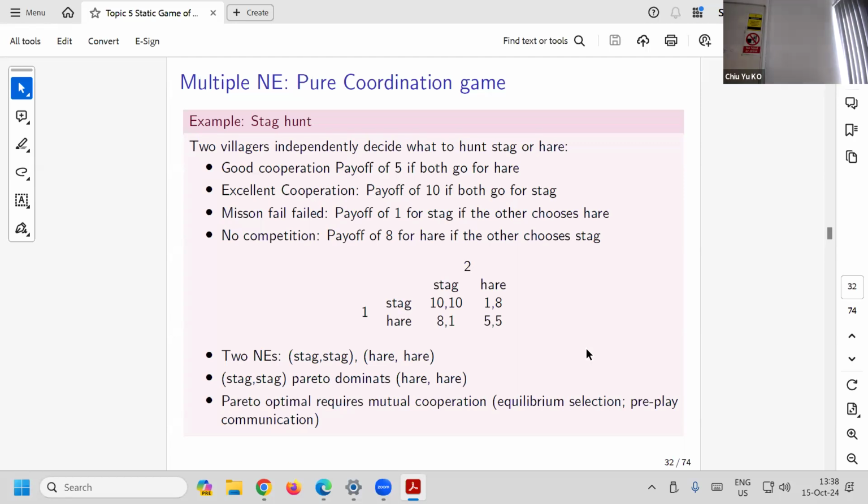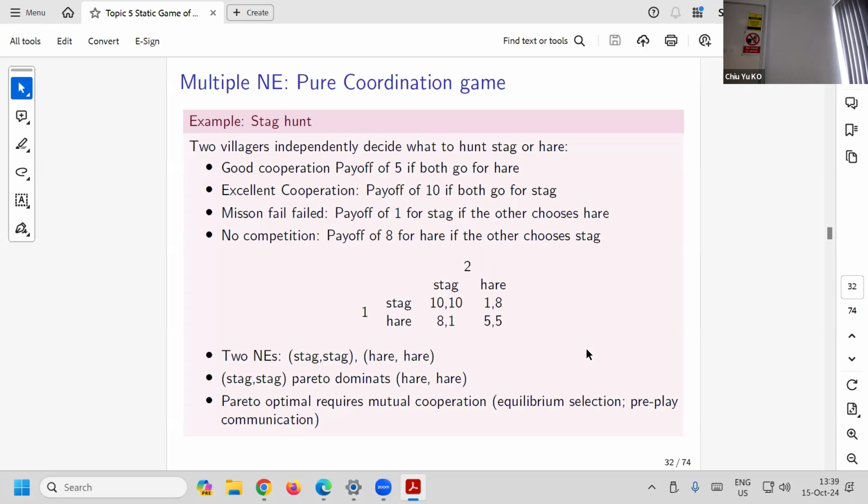We know that one is better than the other. Is it the case that we always end up here? Or can we end up in here? And game theory doesn't tell us which one to pick, up to the knowledge we have.